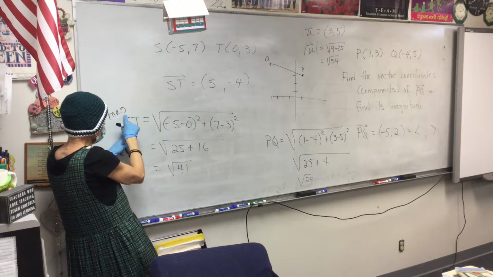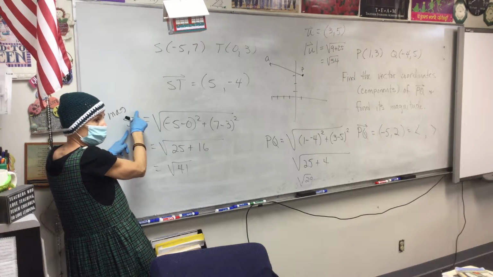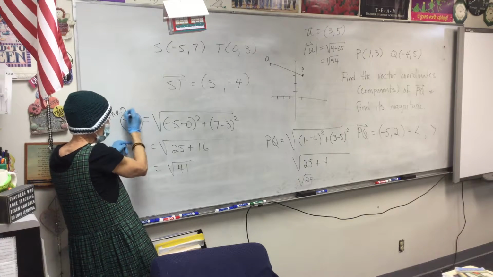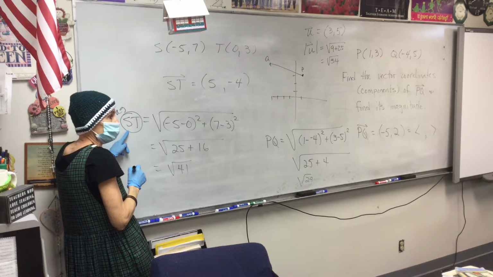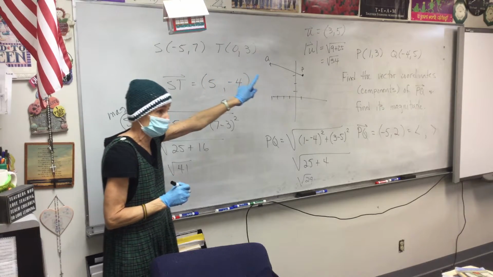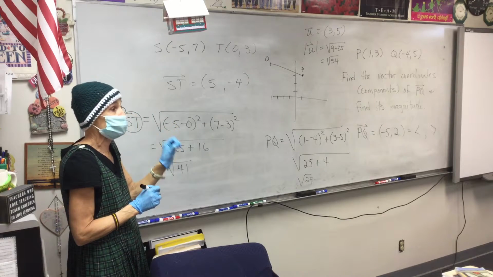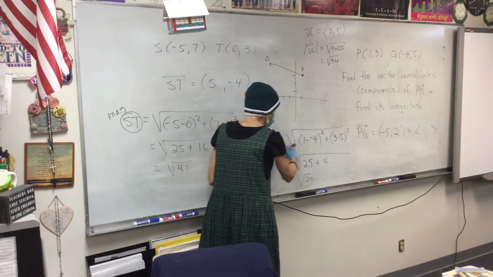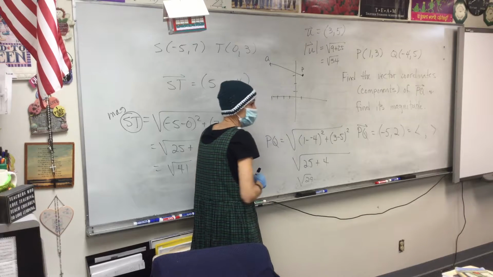There's no vector symbol over it. When all you have are the letters, that means the distance. And we talked about that way back at the beginning of the year. So when I did my magnitude, I just used the letters PQ.